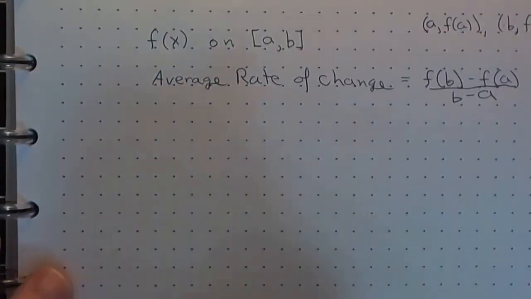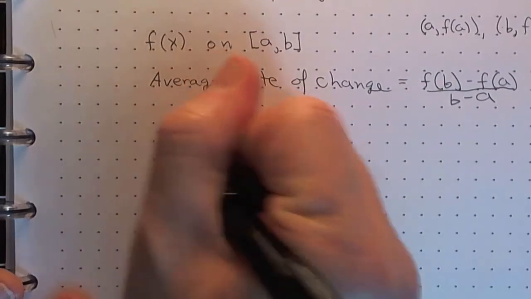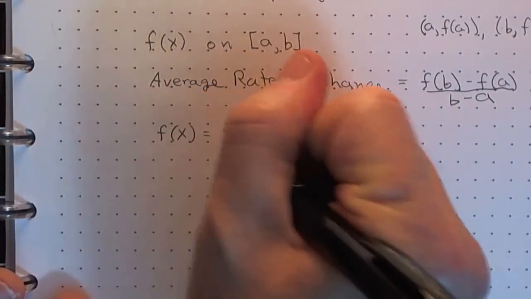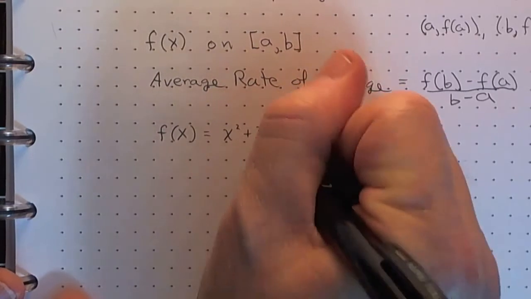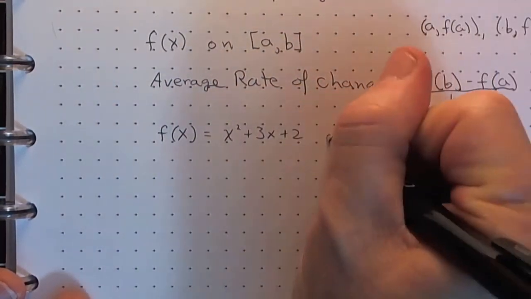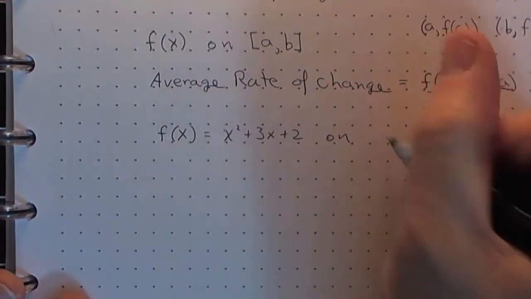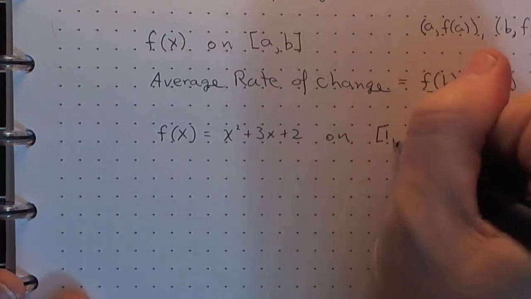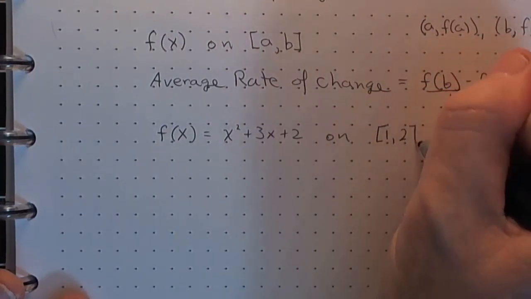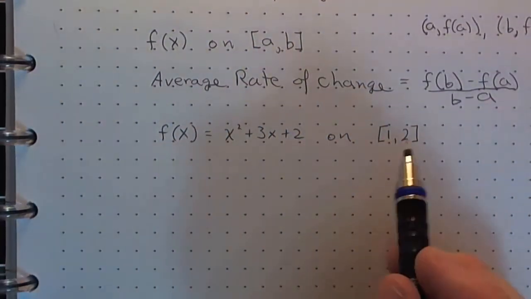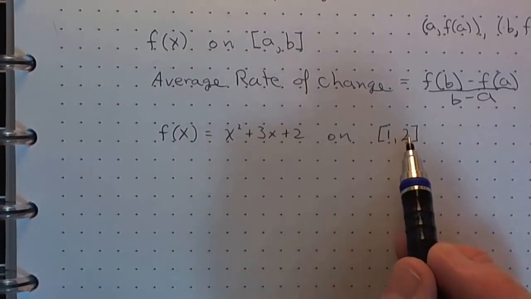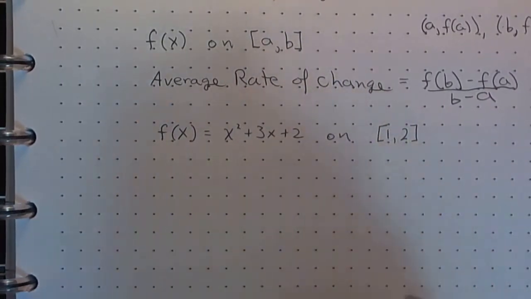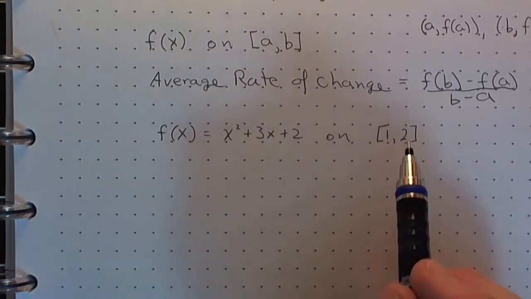So let's look at an example here. Let's suppose we've got f of x equals x squared plus 3x plus 2. And we want this on, let's say, 1, 2. On that interval. And now this is x equals 1, x equals 2. So we have a couple of points here.